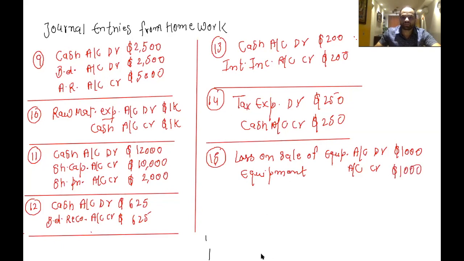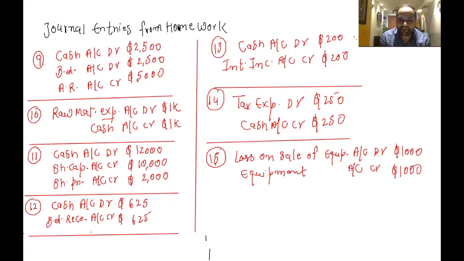So it is assets, right? Yes, equipment is assets. If your mic is not working, you can send me a text message in the chat box if you have any question.